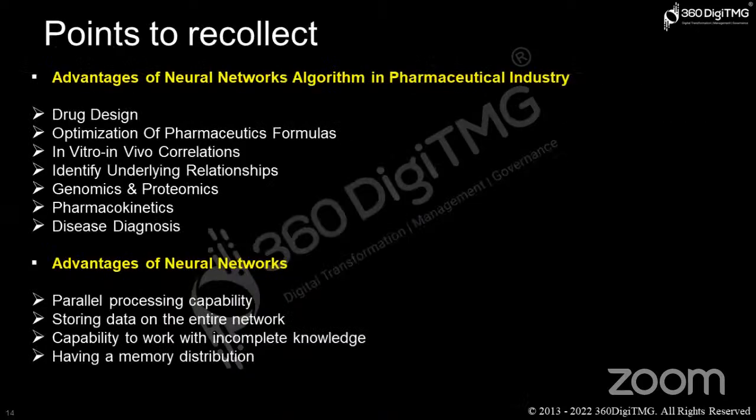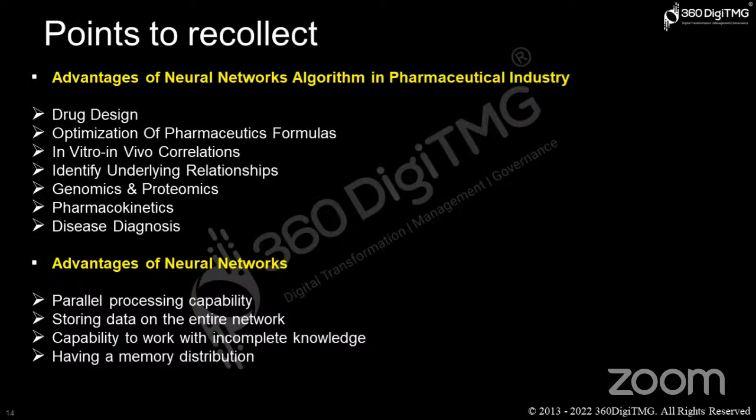Let us recollect a few points that we discussed yesterday. As I said, there are several advantages when we consider neural network algorithms in the pharmaceutical industry. We have already seen that several different domain topics are connected with the pharmaceutical industry, such as genomics, pharmacokinetics, and disease diagnosis.